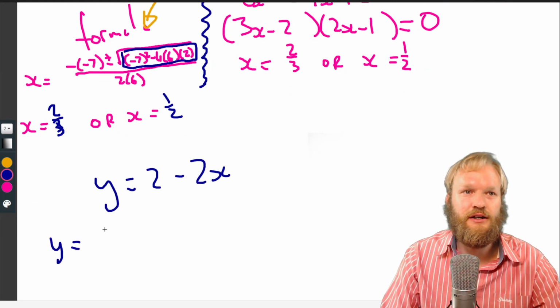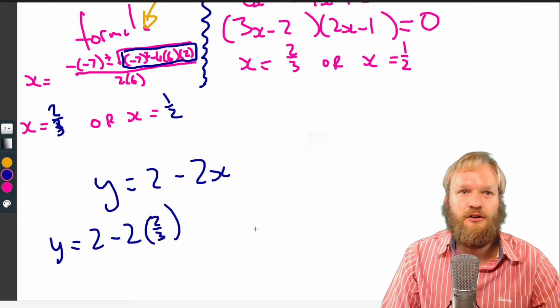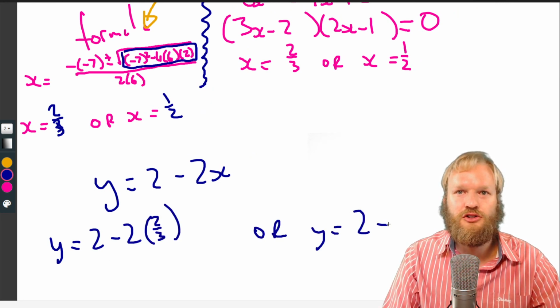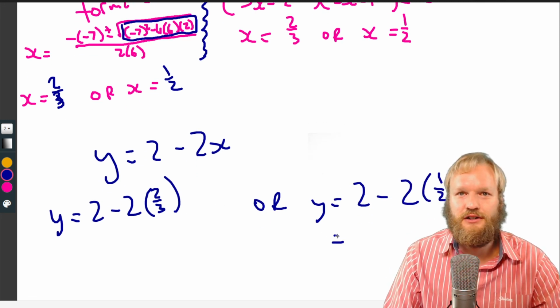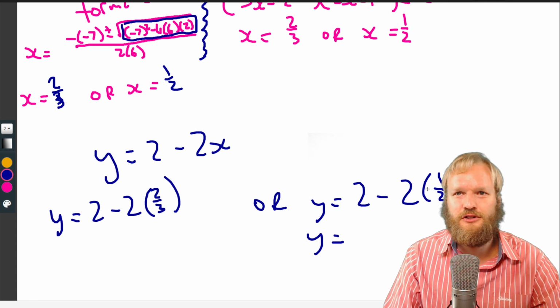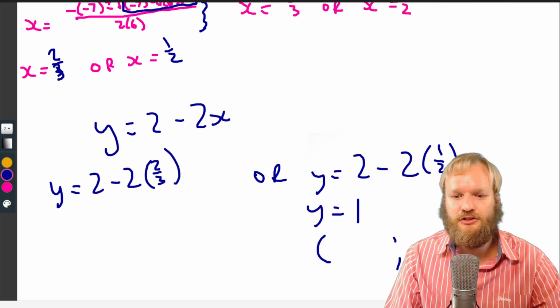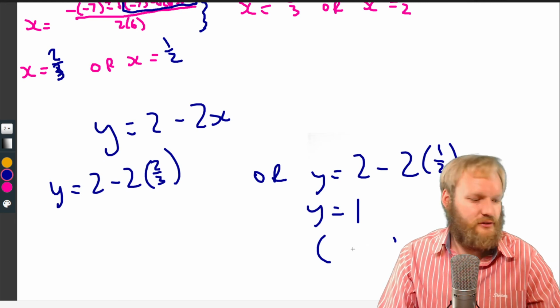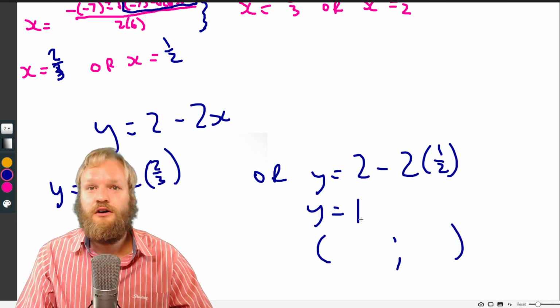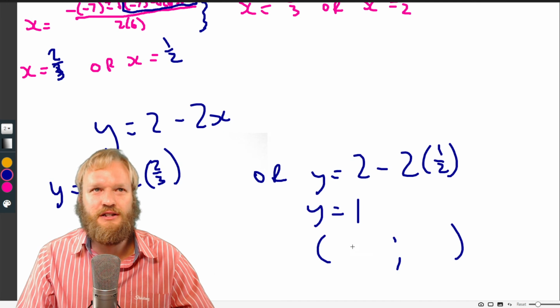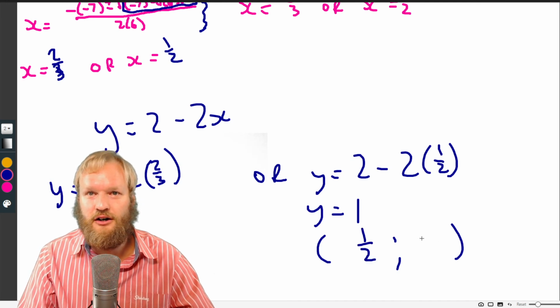So we've got y equals 2 minus 2 over 3, or y equals 2 minus 2 times a half. Into the calculator if you wanted, but 2 times a half is 1, 2 minus 1 is 1. Remember, nice to finish it off in coordinate form. Well, I think so at least. So this relates to our half and 1.